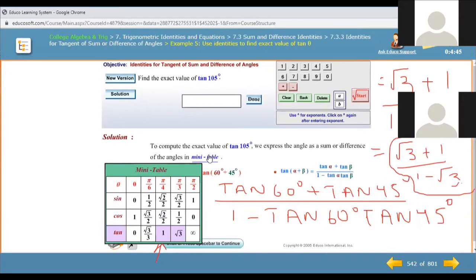If you want, you can rationalize this answer, or you can just keep it like that. It depends on what you're using. You can further rationalize it to get a better answer.